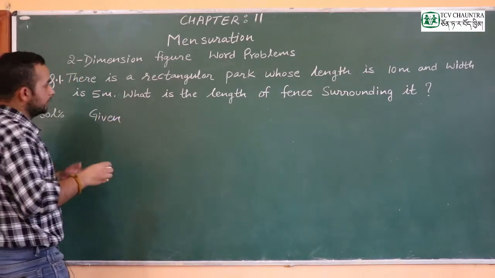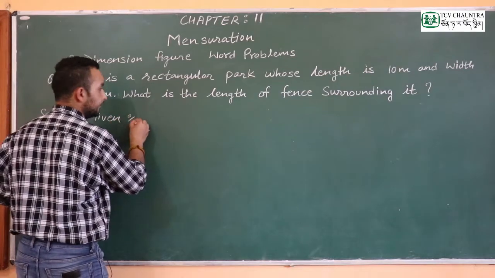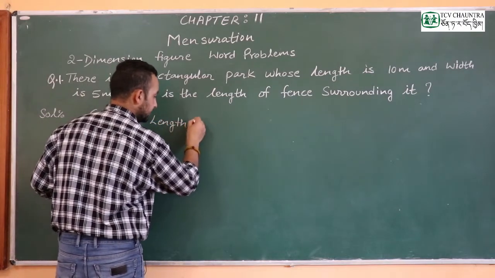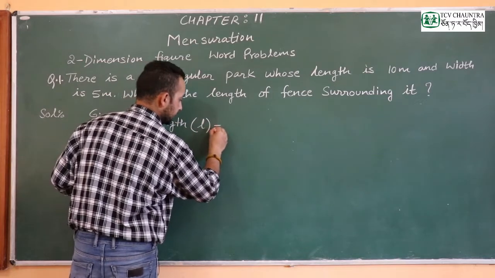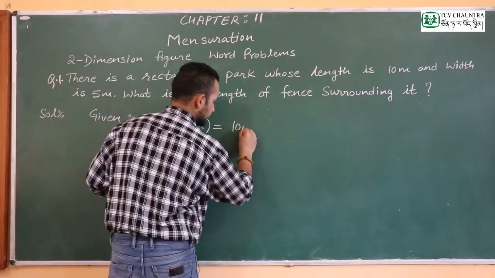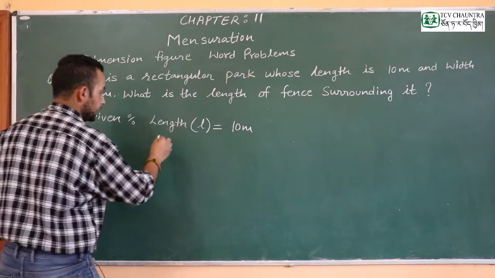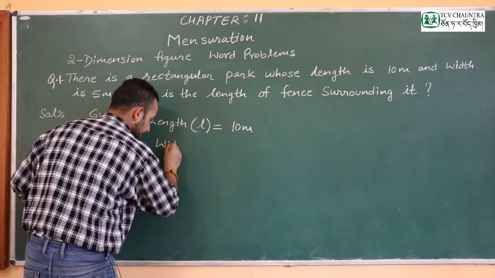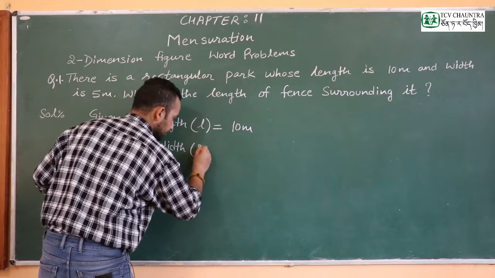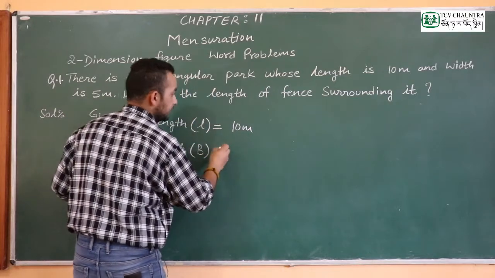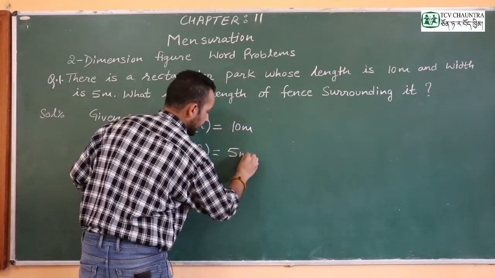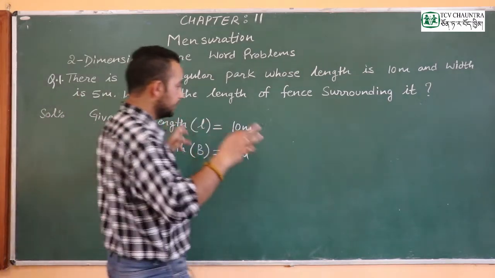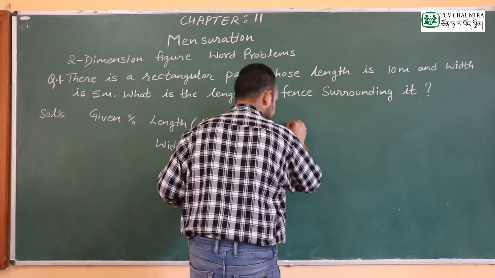Now we are going to solve this. What is given? Length is denoted by L, and the length is 10 meters. Width means breadth, so the breadth is 5 meters. The figure is a rectangle with length and breadth.